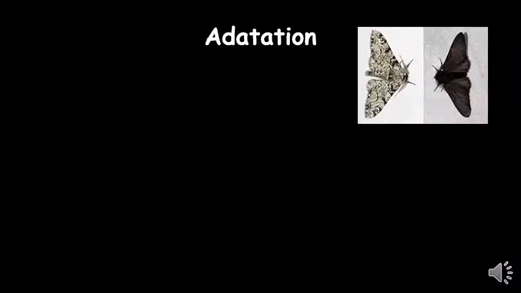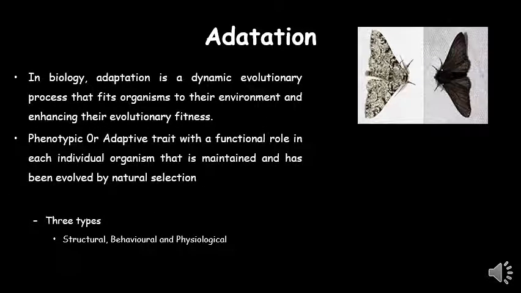So now let's see the definition of adaptation in detail. In biology, adaptation is a very dynamic evolutionary process. Though it is dynamic, it takes a very long time. Slowly the changes will take place.